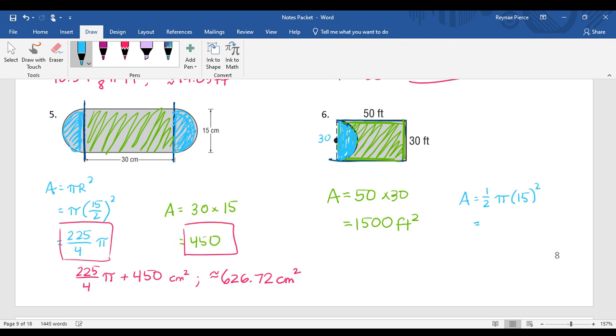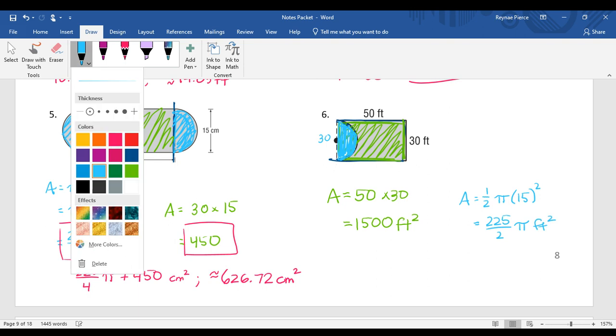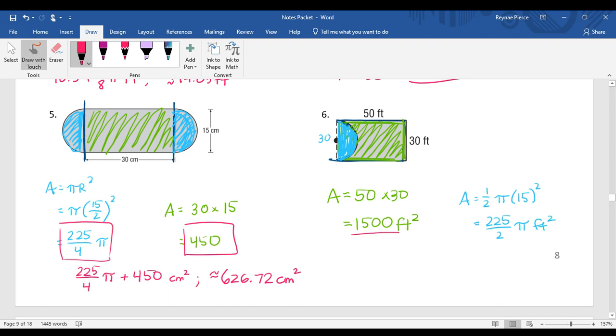Okay, so the area of the semicircle is 225 over 2 pi square feet. Okay, and this time instead of adding these two together, I start with the big shape, which was the rectangle, and I subtract what we took out, so that's the semicircle.